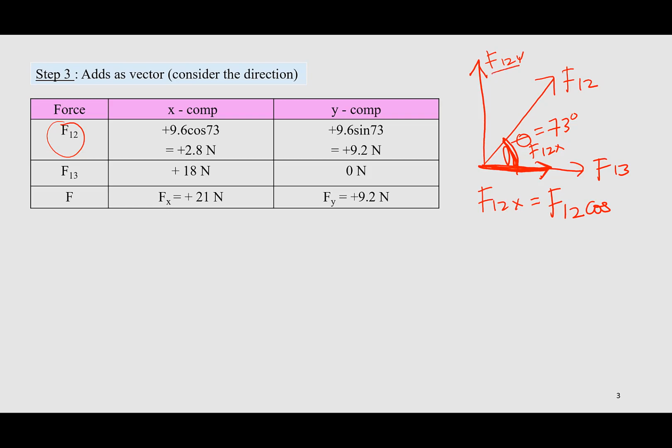Then F12 Y should be sine: F12 Y equals F12 sine theta. Substitute all the values into the box, we get X component positive 2.8 Newton, Y component positive 9.2 Newton.